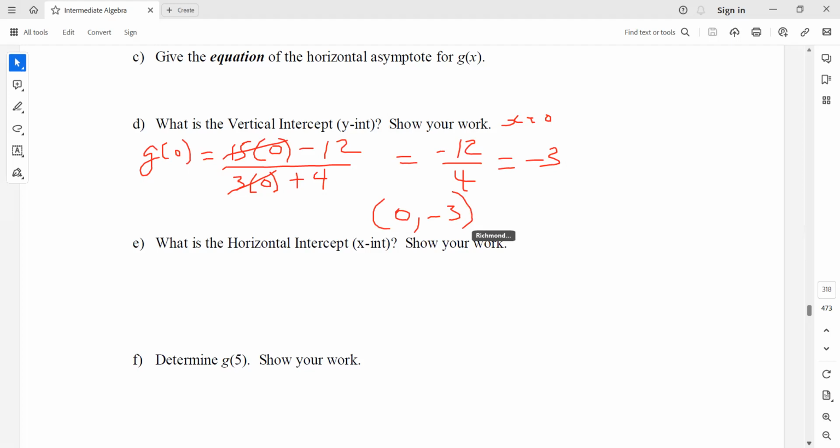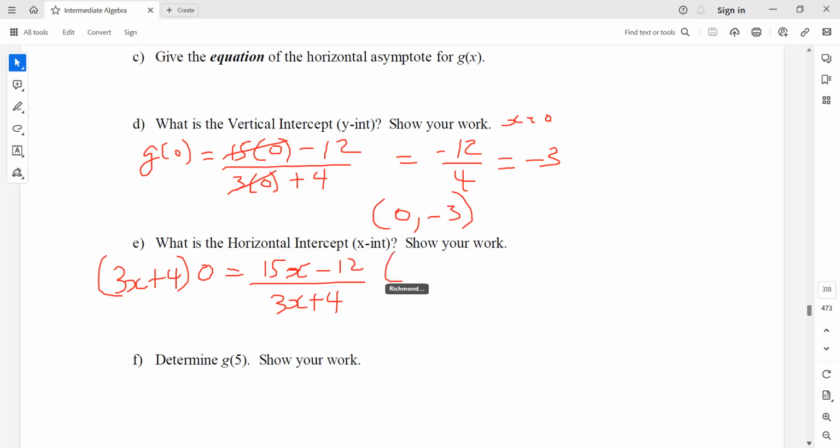Now, what about the horizontal intercept? Well, for the horizontal intercept, y is 0, so 0 equals 15x minus 12 over 3x plus 4. Now, if you multiply through by the denominator, this will cancel that, and that will go to 0.